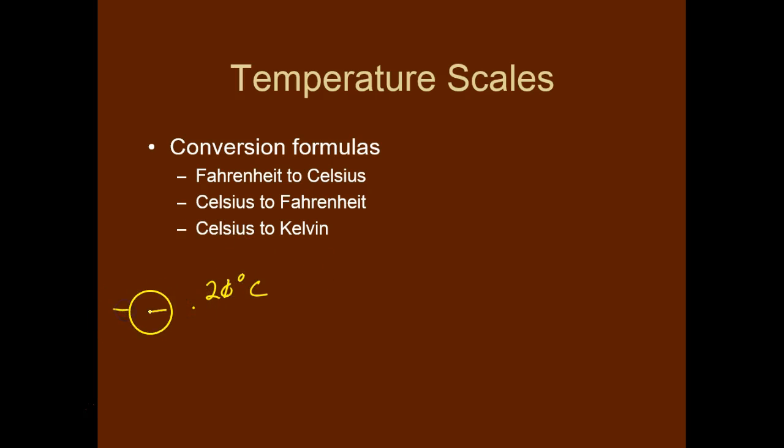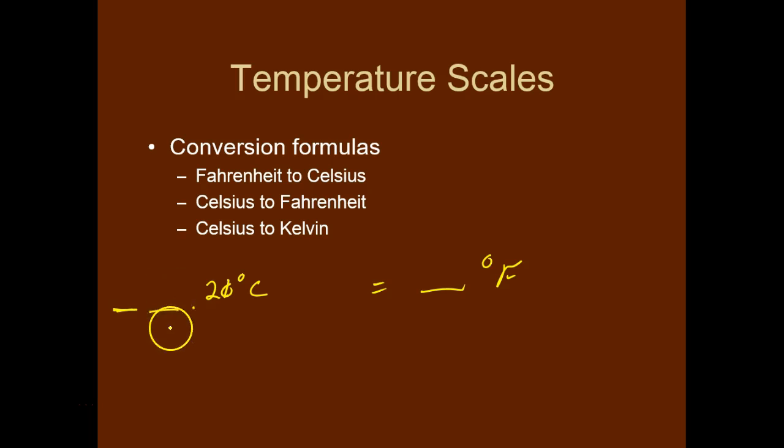This time I allowed enough room, I can put my conversion in front. What units go where? We're trying to get ultimately to degrees Fahrenheit. Well, always put the units into place first.